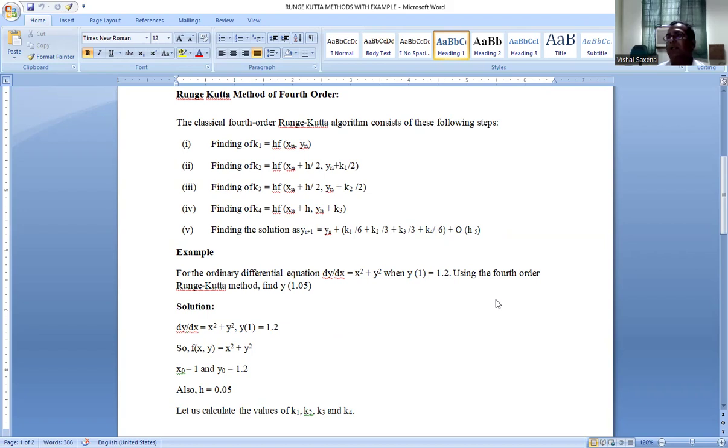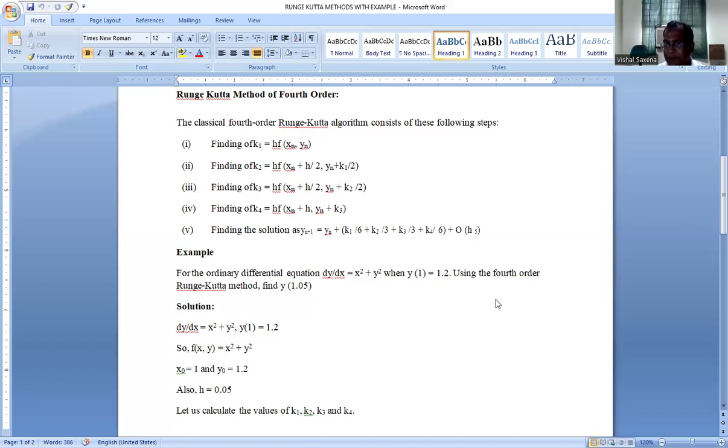Runge Kutta fourth order method is a very good method, and we also have some different methods of Runge Kutta like the second order method, fourth order method, and the sixth order method. But the most common method is the Runge Kutta fourth order method. So initially, let us see how to solve this differential equation along with the boundary conditions.